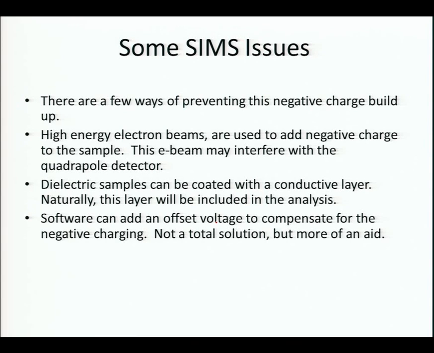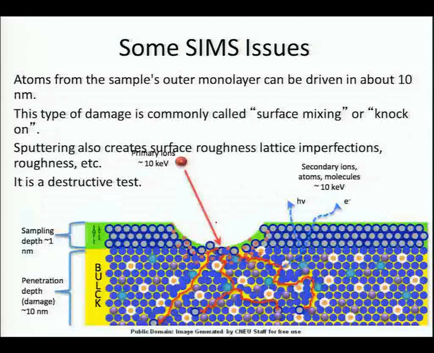Software can add an offset voltage to compensate for negative charging. This is not a total solution, but more of an aid. As you do the measurement, the system will shift, and you can take care of the shift through the software.